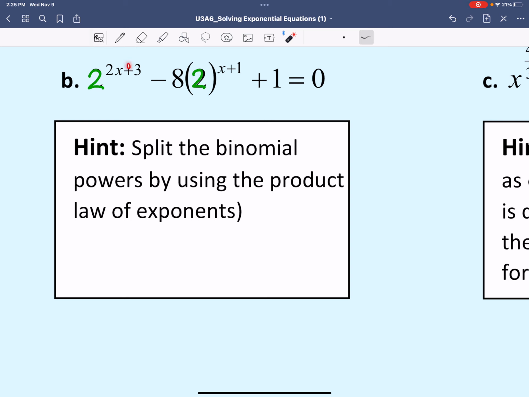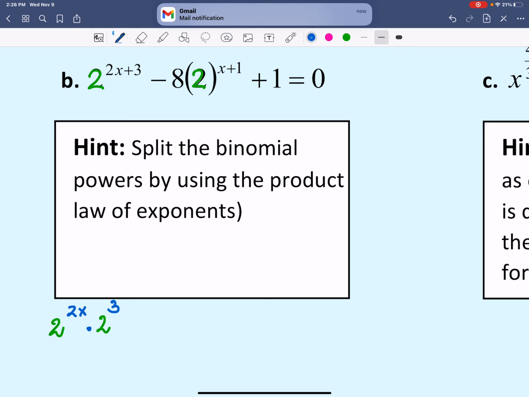So the reason why we have actually added these exponents is because we probably have had the base of 2 to the power of 2x multiplied by a base of 2 to the power of 3. So we are breaking this down into 2 to the power 2x times 2 to the power 3. So next we have minus 8.